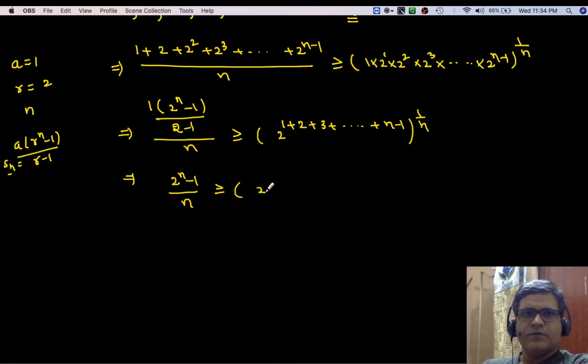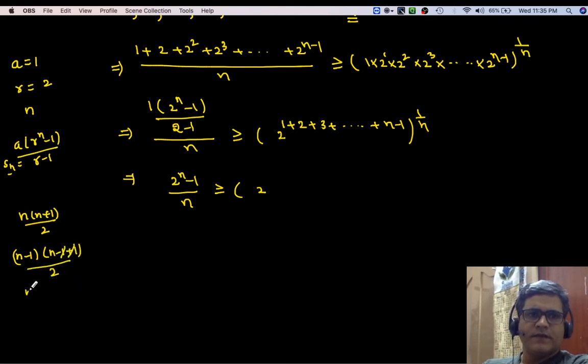this is 2 power, here power is what? Sum of n minus 1 natural numbers. So sum of n natural numbers is what? N into n plus 1 by 2. Here up to n minus 1 is there, therefore sum of n minus 1 natural numbers, just you replace n by n minus 1, that is n minus 1 into n minus 1 plus 1 by 2, that is minus 1 plus 1 cancel, that is n into n minus 1 by 2.